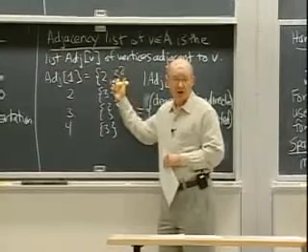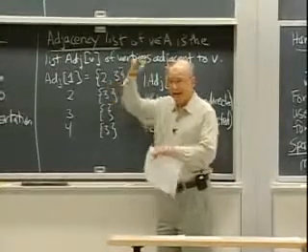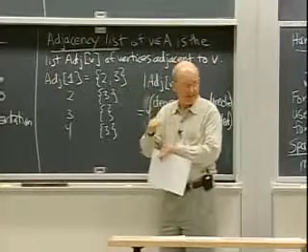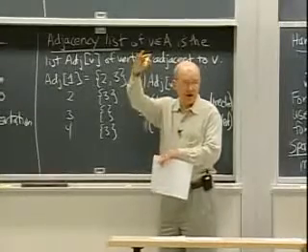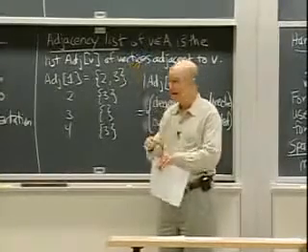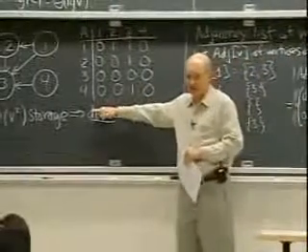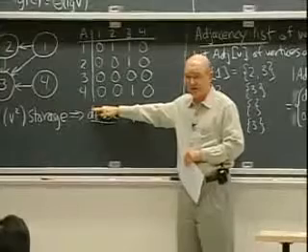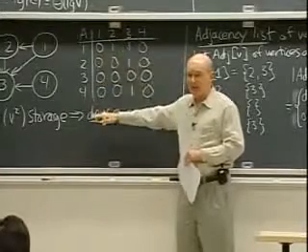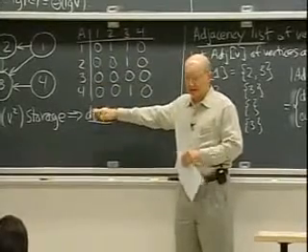You'll need order log of v to be able to name each different vertex. Okay, the log of the number is the number of bits that I need. So there are places where this is actually a far more efficient representation. In particular, if you have a very dense graph, okay, this may be a better way of representing it.